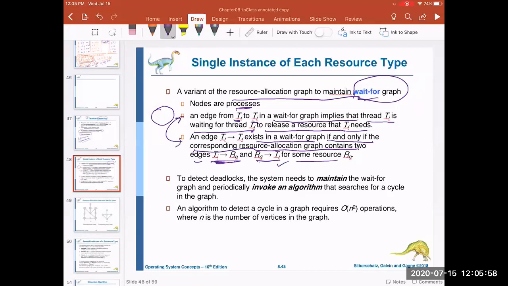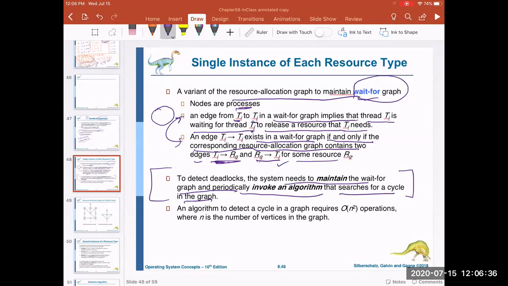To detect the deadlock, the system needs to maintain the wait-for graph and periodically invoke the algorithm to search for a cycle. If you remember, there are a few things which are done periodically. There are processes for which there is no parent process, so in that case the system also runs some parent processes periodically, to maintain the integrity of the system.